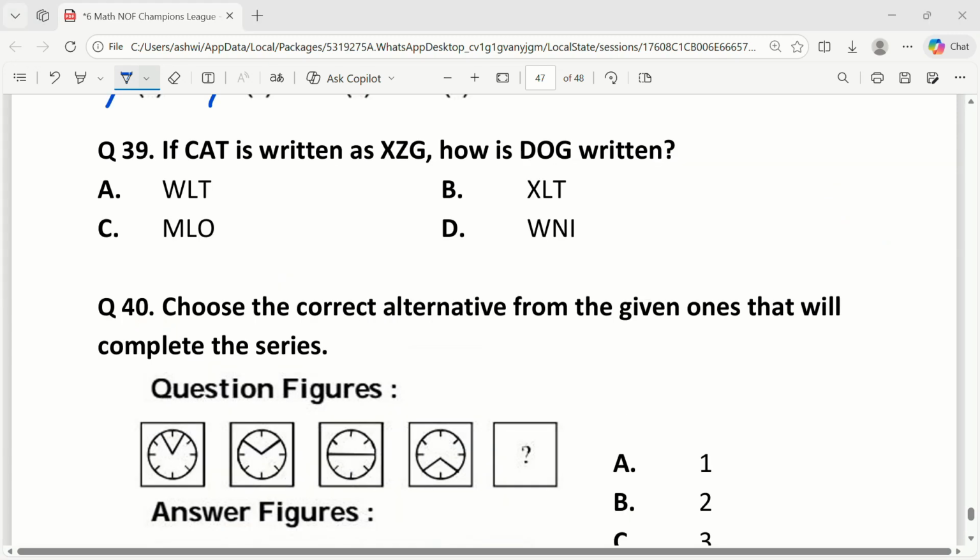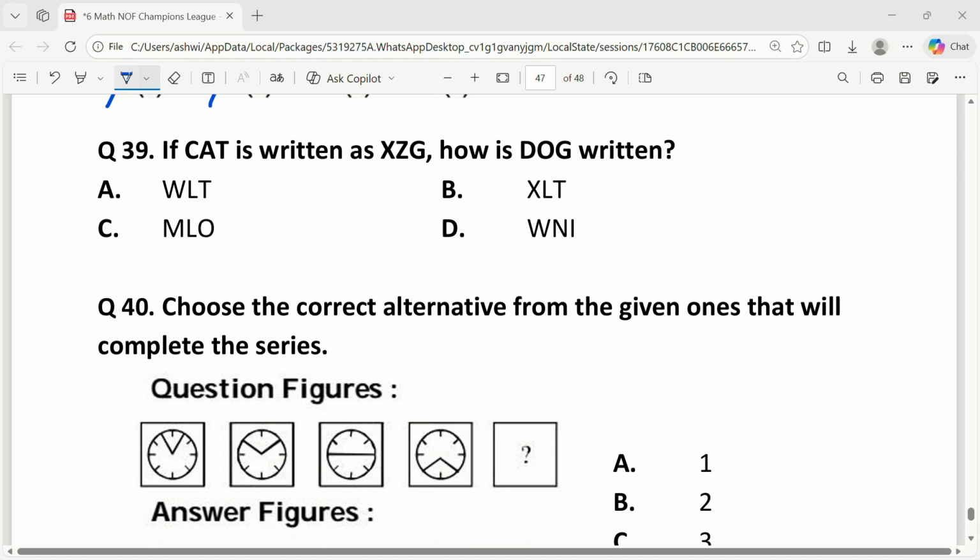Question 39. If cat is written as X, Z, G, how is dog written? The problem uses the reverse alphabetical order cipher, where A is Z and B is Y and so on.